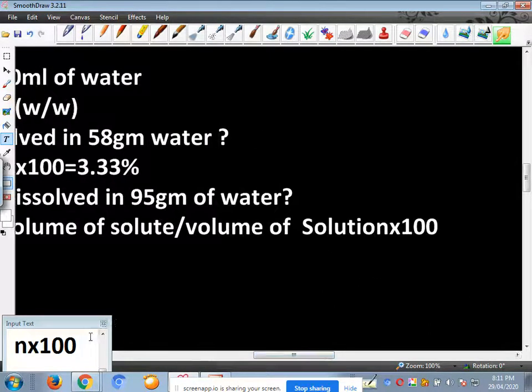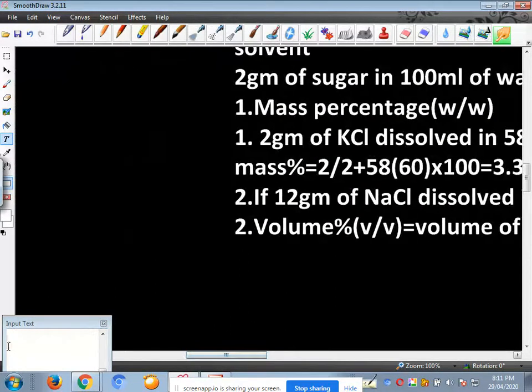So we're going to solve one example. I think you can directly solve it.